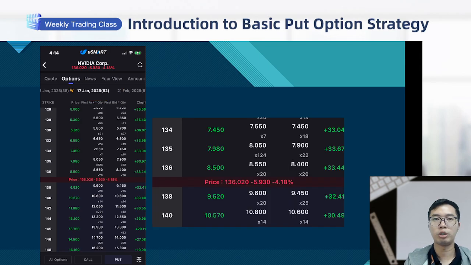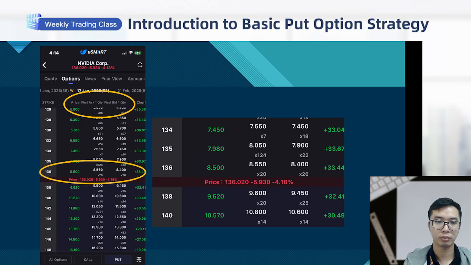After we choose the expiry date, we still have to look at what price we need to bid or buy for the put option. You can see at the top what the first ask, the first bid, and the price are.